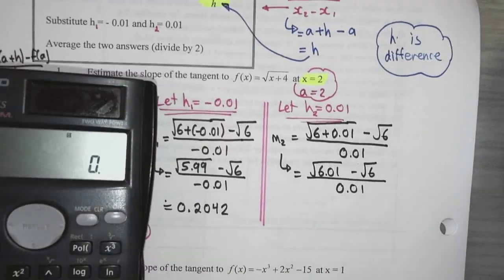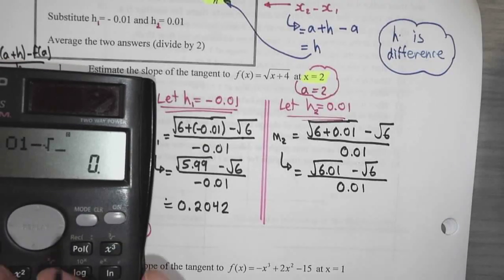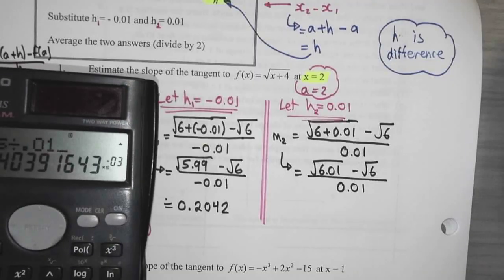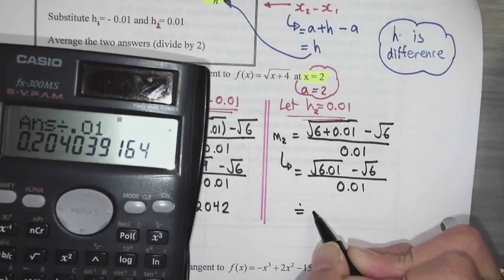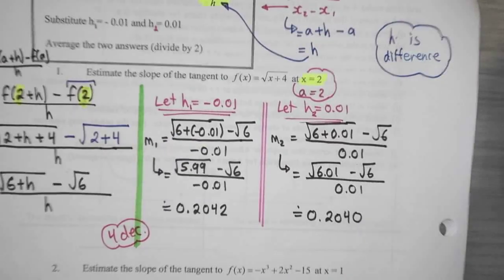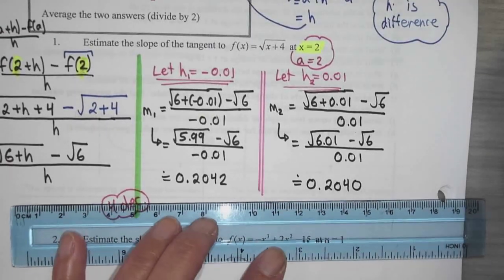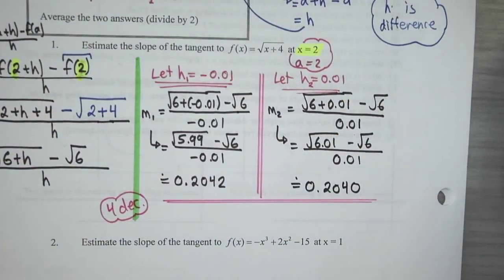So here, same thing. You're going to go square root 6.01 minus square root 6 equals, and divided by 0.01. So I did it all in one go, and I got approximately 0.2040. And then for this one, my last step is to add them and divide by 2.